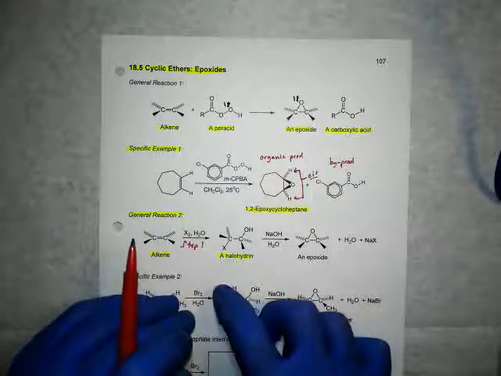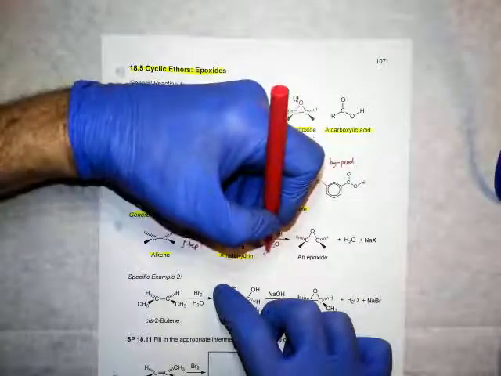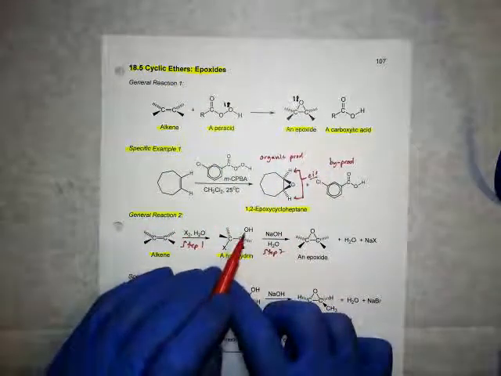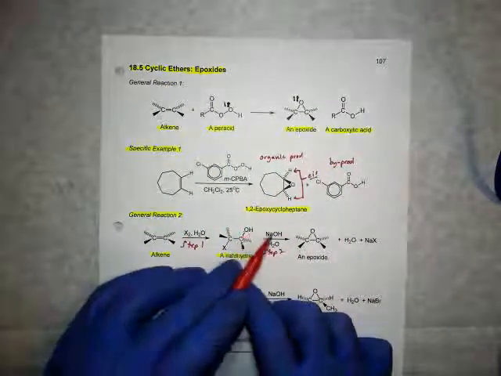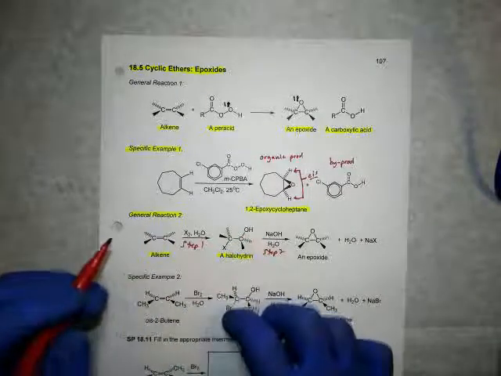But if we want to make an epoxide, we need one more step. So this would be step 2. In step 2, we're actually going to remove a proton with a strong base. And let me show you that.